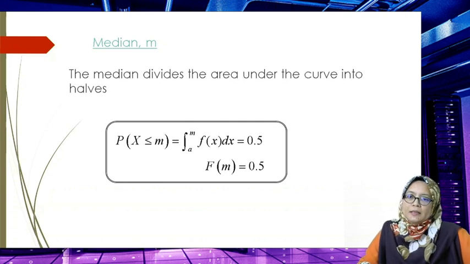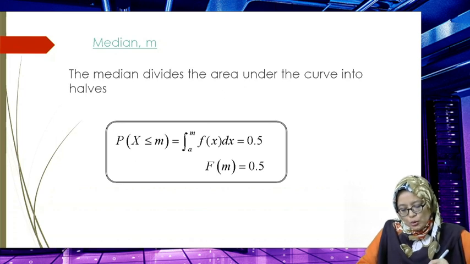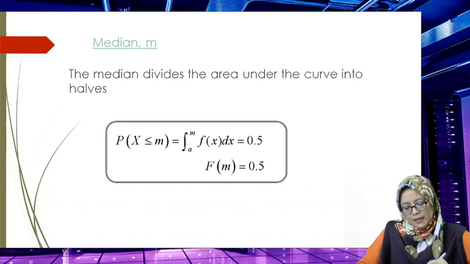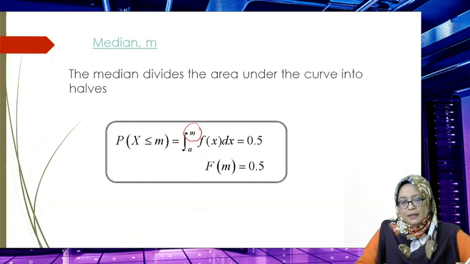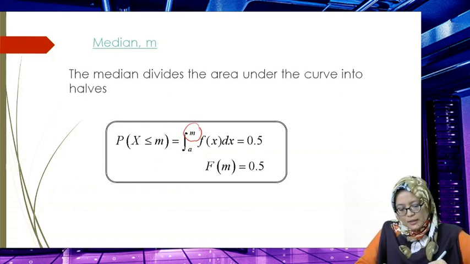Okay, so nak cari median, median divide the area under the curve into half. Okay, so X less than or equal M. Kalau kita ada nilai F kecil, kita akan integrate daripada awal interval sampai a certain nilai M ni, samakan dengan 0.5. Kalau kita ada kumulatif, kita akan just substitute nilai M tu masuk dalam kita punya function, samakan dengan 0.5.